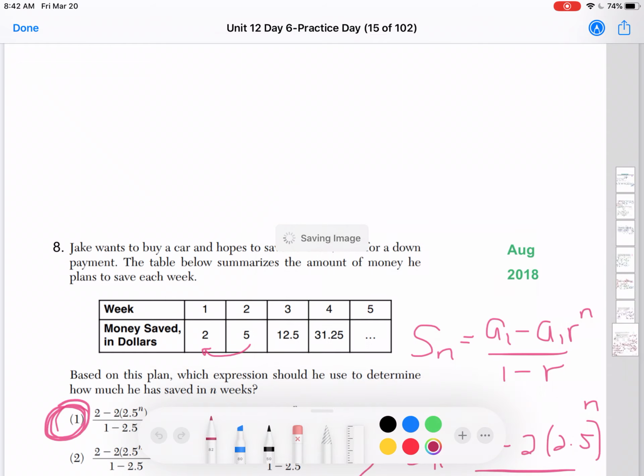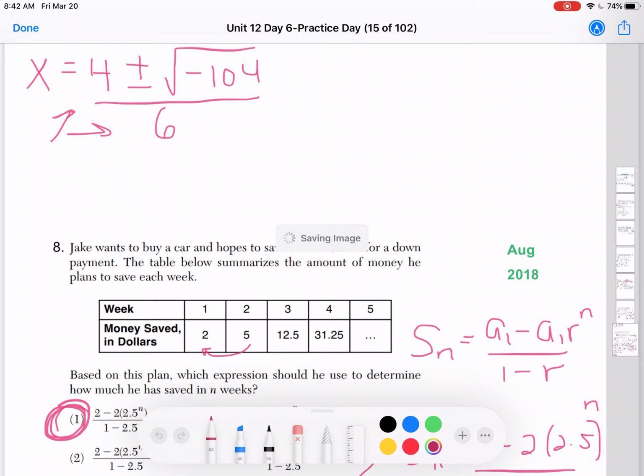Okay. All right, so at this point, clean up the bubble inside the radical there, and we're left with x equals 4 plus or minus the square root of -104 all over 6. Remember, you can't reduce that 4 and 6, right? There would have to be a number on the outside of the radical to reduce. So let's break this down. Largest perfect square that goes into 104.